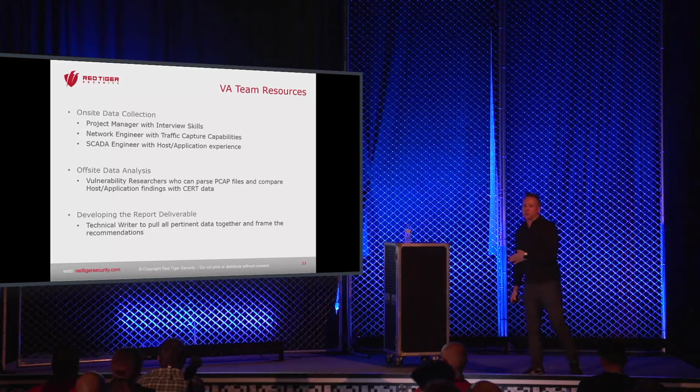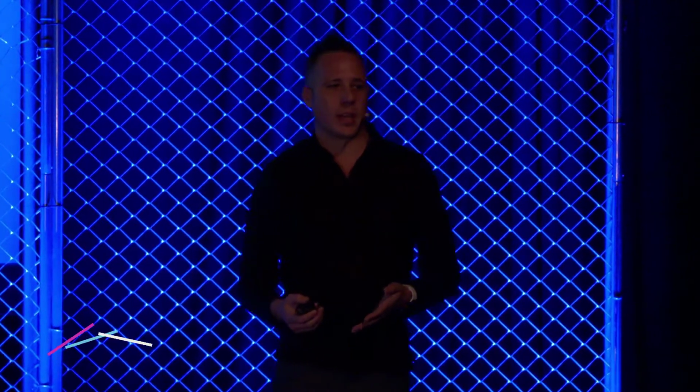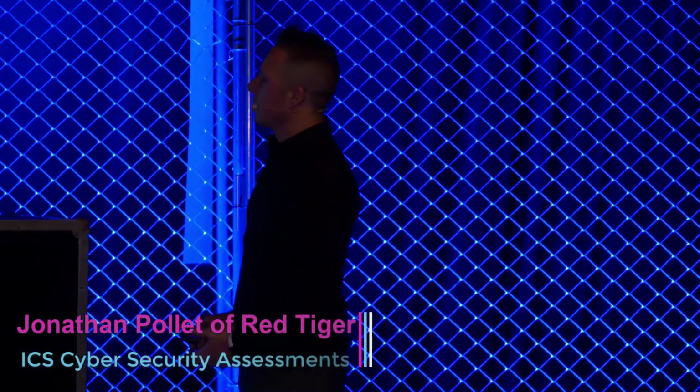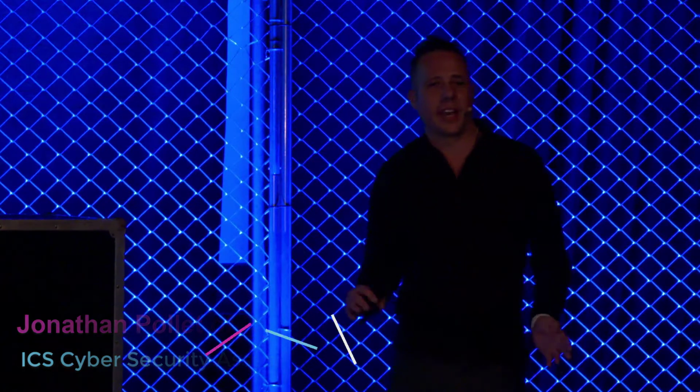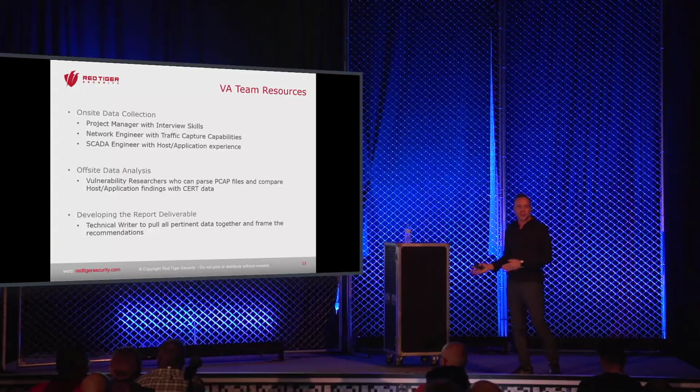And hopefully you have some good technical writers that can boil that into a nice distilled report for the asset owner. What I've found is that those of us that are geeky and techie typically can't really write effectively. So it's good to have writers help you out with the report.